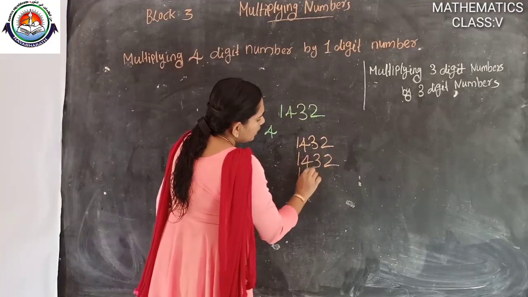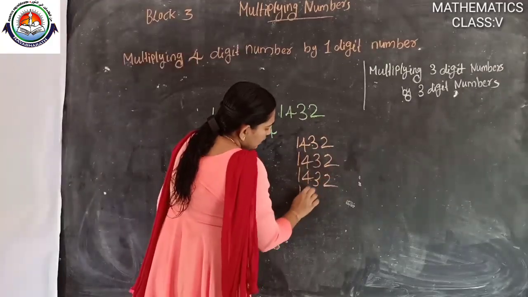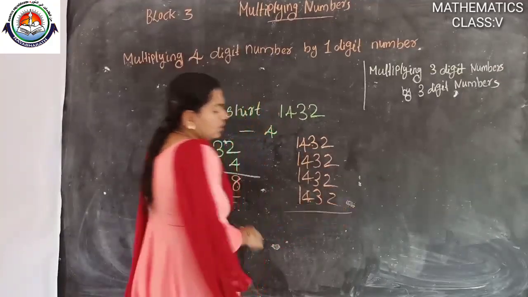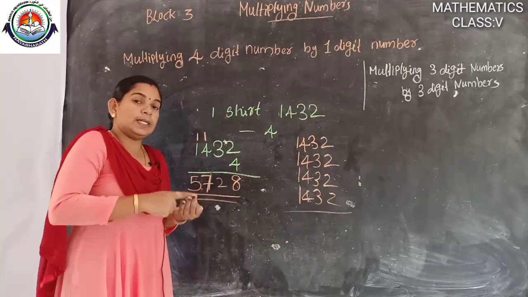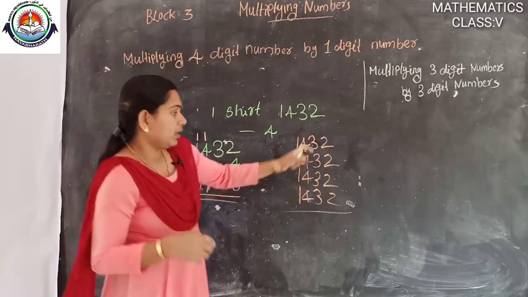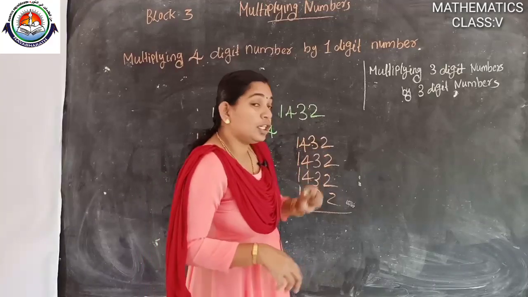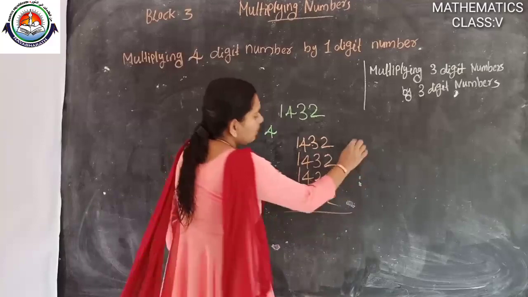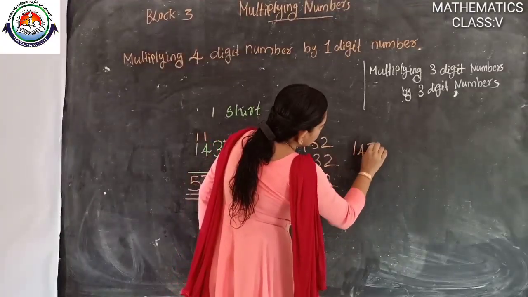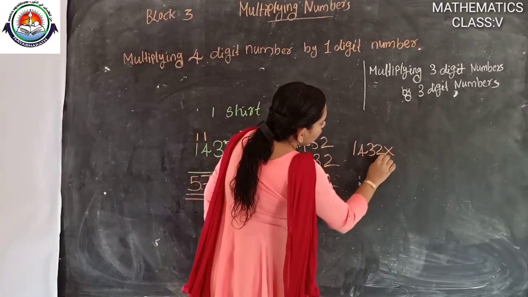Then 1,432. 1,432. Then it's very difficult to add. First, second, third, fourth. So multiplication is very easy. Here 1,432, how many times are we adding? 4 times. So we write this as 1,432 into 4.